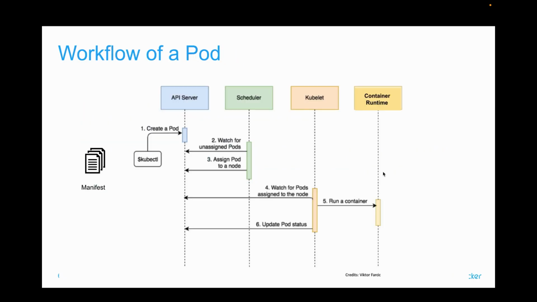So let's move ahead. Now let's spend some time to understand the workflow of a pod, how the workflow of creating a pod typically looks like. Now on the left hand side, you see what we call a pod manifest. A pod is defined using a YAML file or a JSON manifest, which basically describes the desired state.